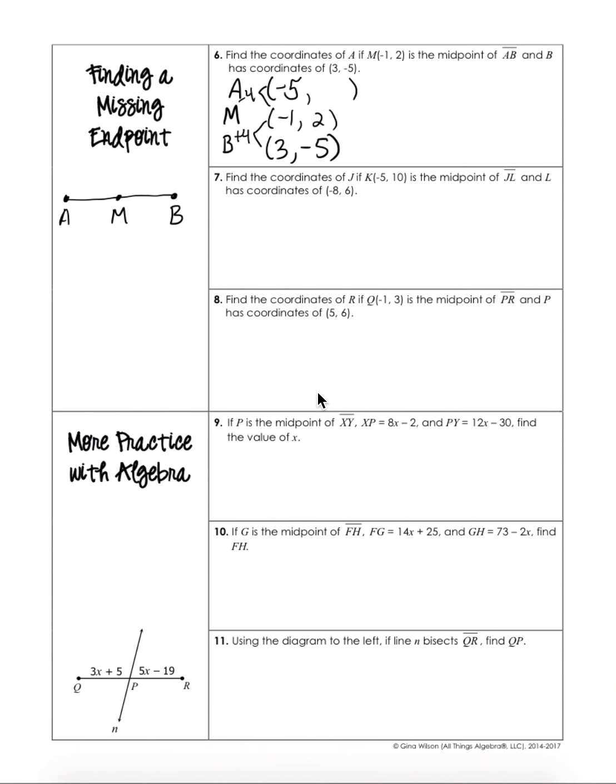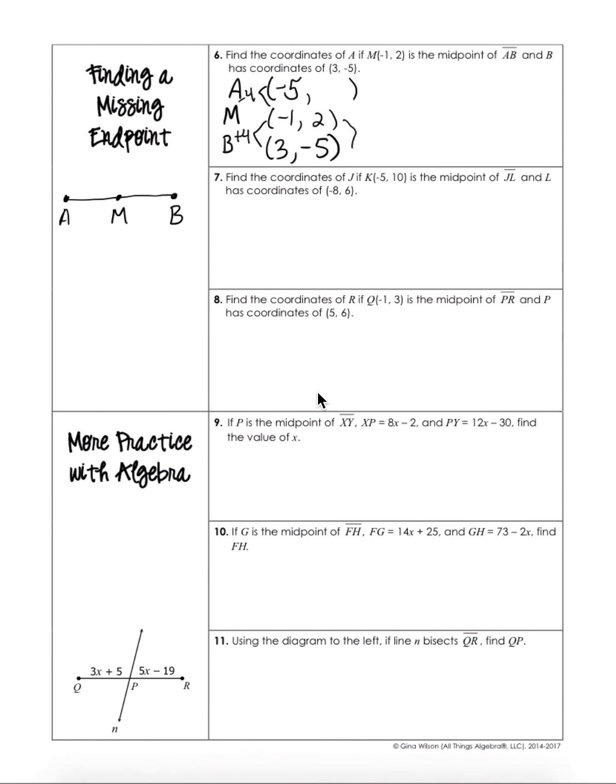Okay, now we can do the same thing with the y values. If I'm sitting at point M, how many places do I have to go to get to B? Well, if I'm at positive 2, how can I get to negative 5? I have to go backwards. I have to go 2, 1, 0, negative 1, negative 2, negative 3, negative 4, negative 5.